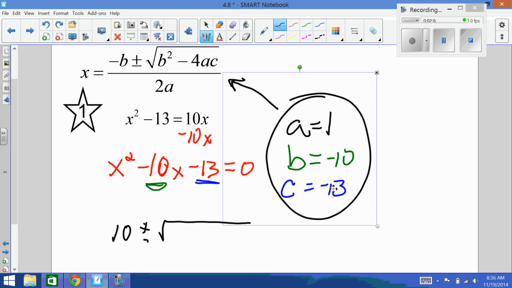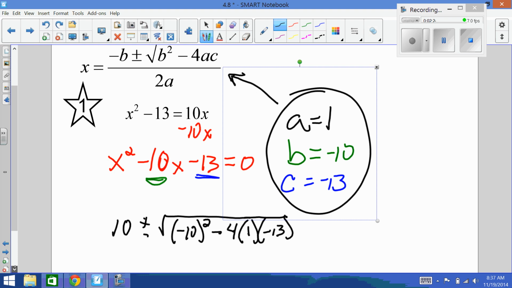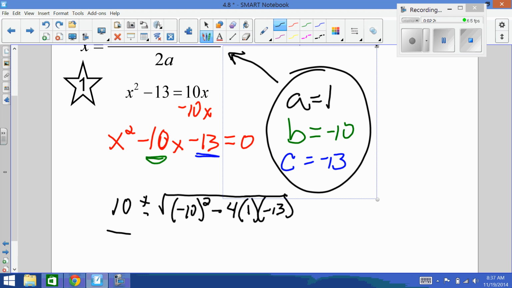B squared, remember that's quantity negative 10 squared, minus 4 times a. A is 1, and c is negative 13. All over 2a. 2 times a, so 2 times 1 is 2.